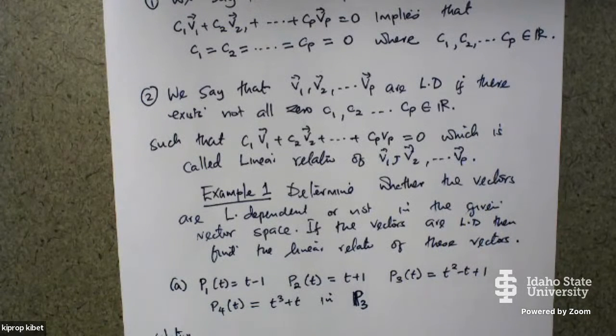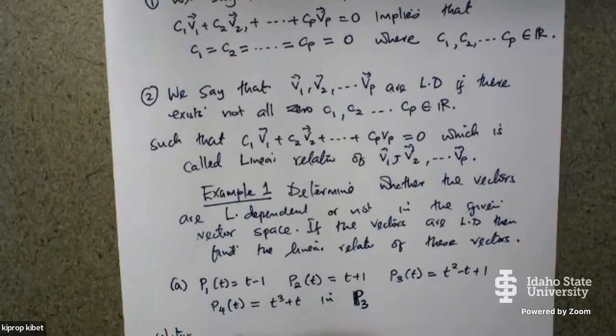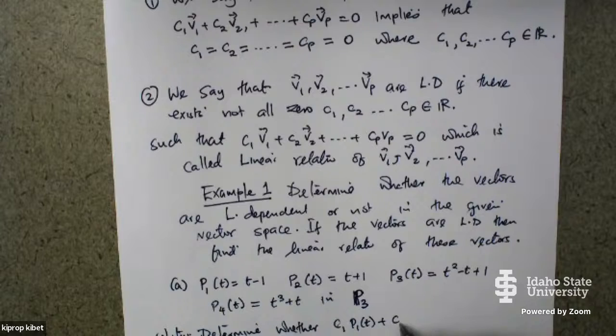So here we determine whether C1 P1 of t plus C2 P2 of t plus C3 P3 of t plus C4 P4 of t equals 0.